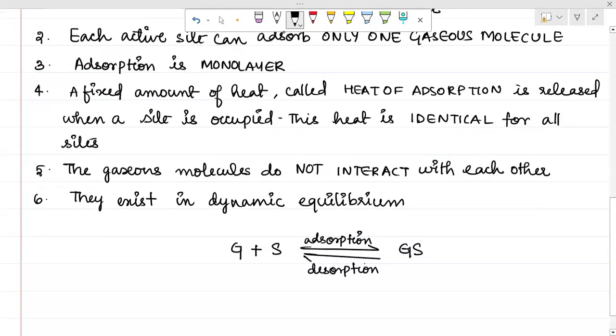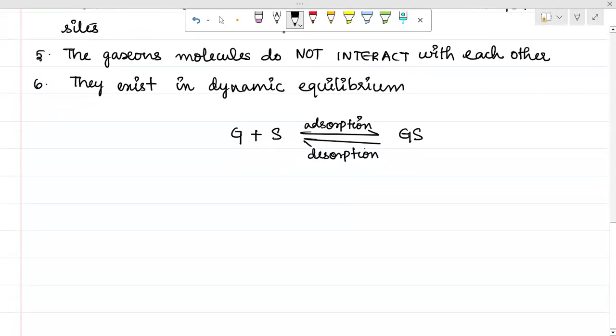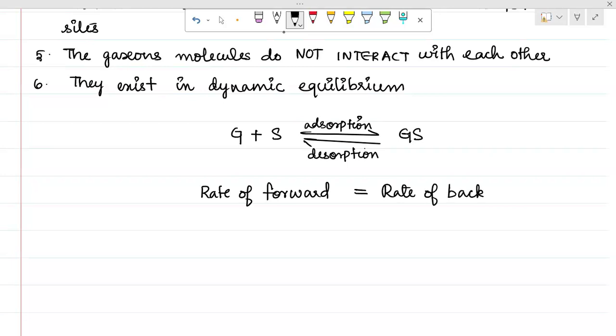Now, we know that if it is under equilibrium, the rate of forward reaction is going to be equal to the rate of backward reaction. Right. Now, forward reaction means it is adsorption. Backward reaction means it is desorption. Now, from chemical kinetics, we already know how to write the rate expressions. Again, I'll be tagging the playlist of the chemical kinetics if you want to refer and read. So let's say for forward, the rate constant is Ka, and for backward, let's say it is Kd.